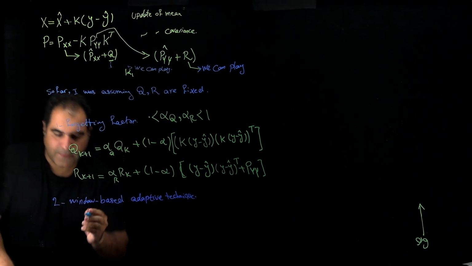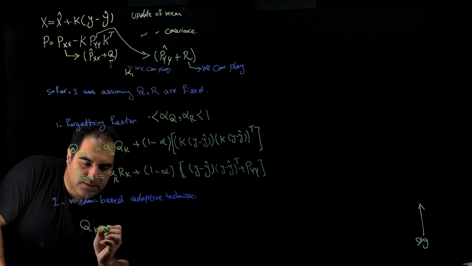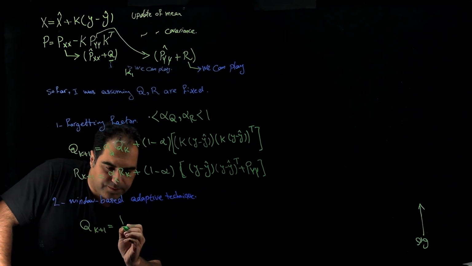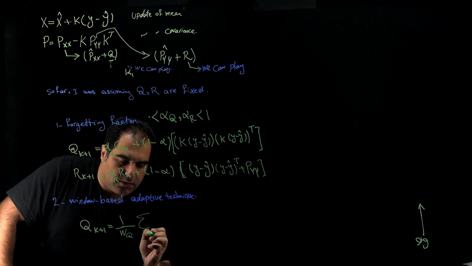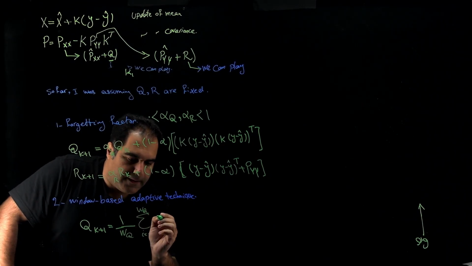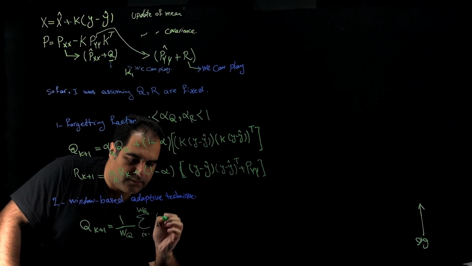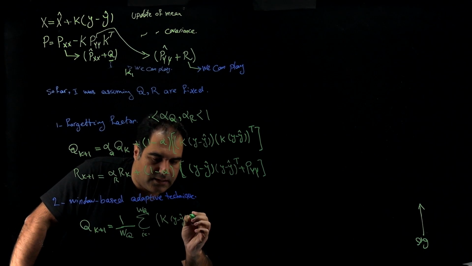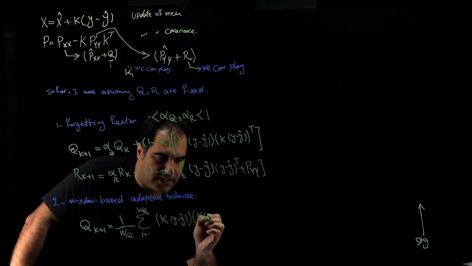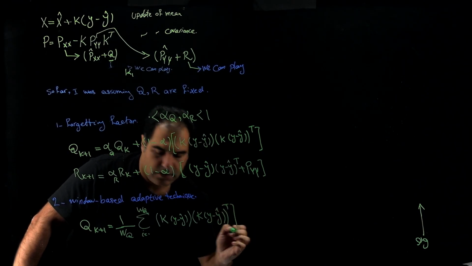And what it says, for example, let me try with another color: Q at time k plus 1 is equal to 1 over a window length W_Q, summation of i equal to 0 to W_Q, of Kalman gain times (y minus y hat) times Kalman gain times (y minus y hat) transpose.